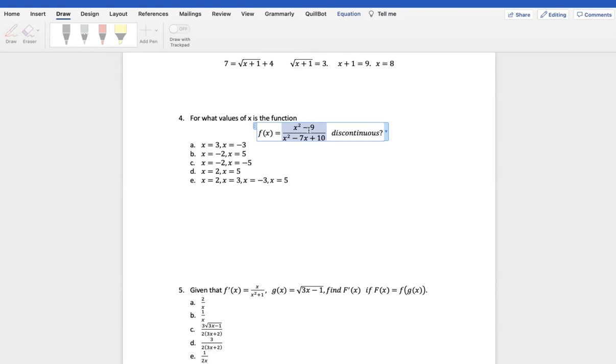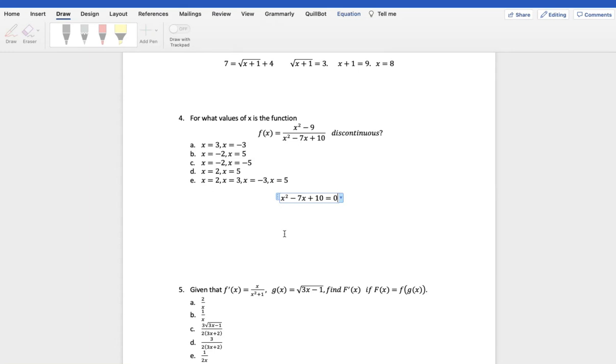And if you look at the function that we're given, should we look at the numerator or the denominator? Denominator. Right. Thank you. So we look at all the values that make the denominator 0, because those are the only values for which the function would be undefined, right?